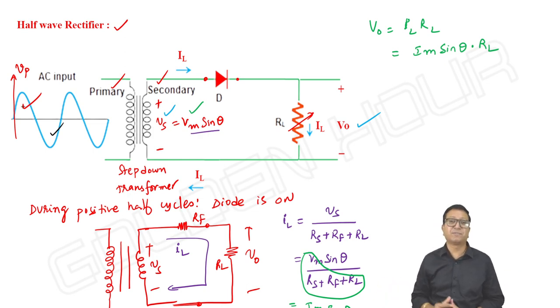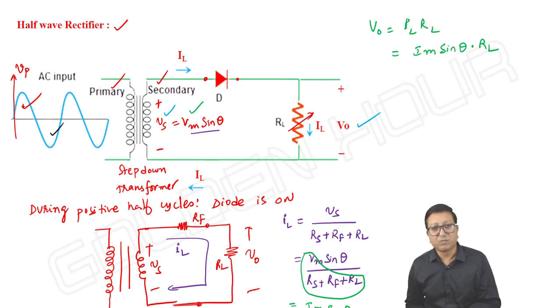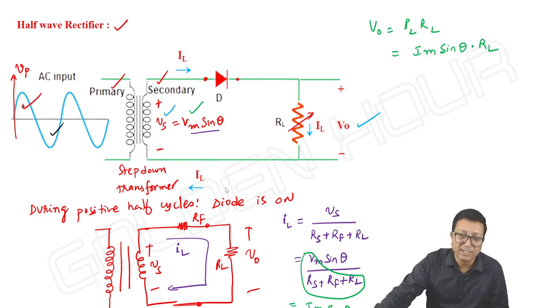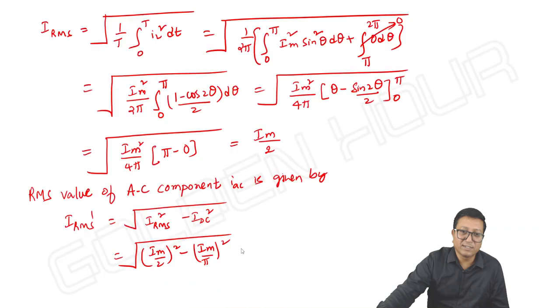No. There is a difference in both the results, and the difference should be as minimum as possible. If the difference is maximum, the circuit is not performing good. Once I am designing a system, I should not blame load resistors, right? As you kept a smaller value of RL, you are getting less DC output voltage. No. RL may be small, RL may be large. My design should be in such a way that output voltage is maximum, which is not happening in this case. That's why we are calculating this parameter.